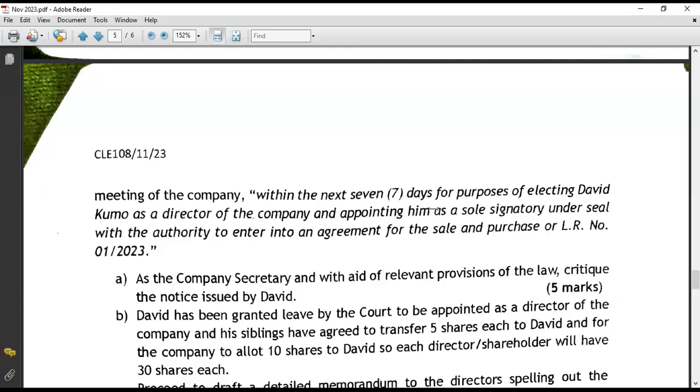Then the other one, the request to be appointed as a sole signatory to enter into an agreement is point 2, where he can't because it's now an offense. Are we then having 4 points? There are even more than that.